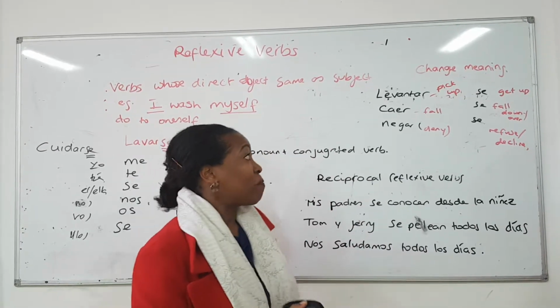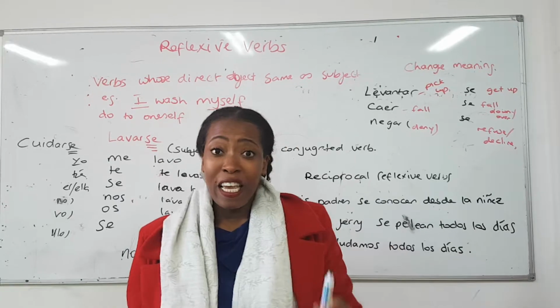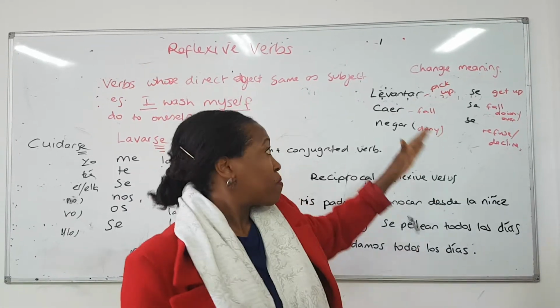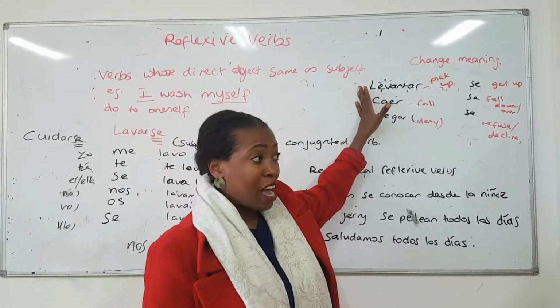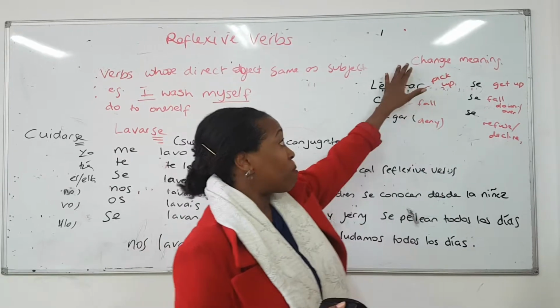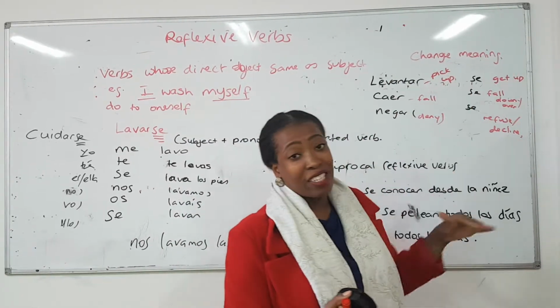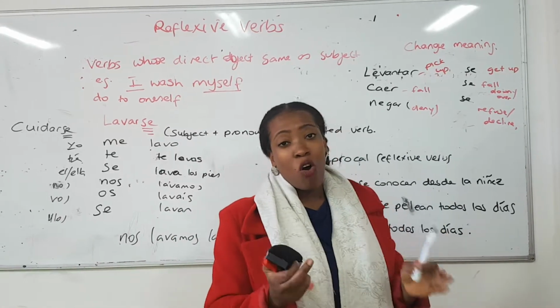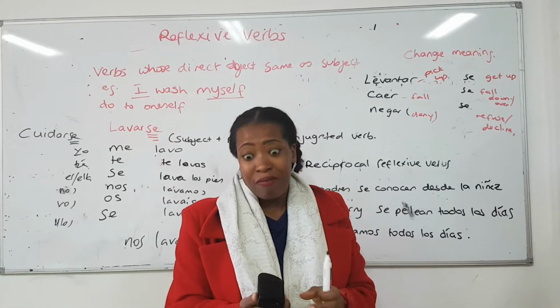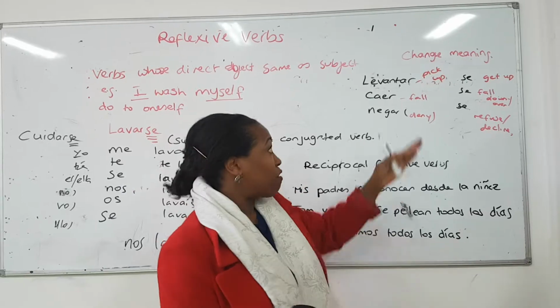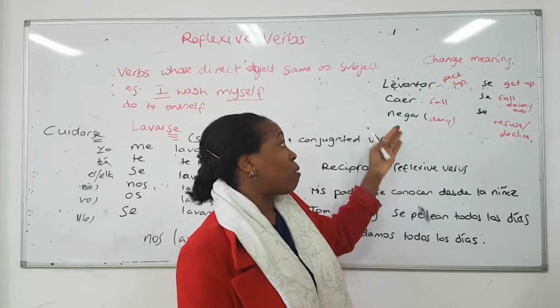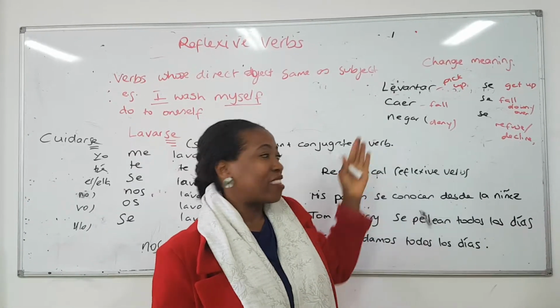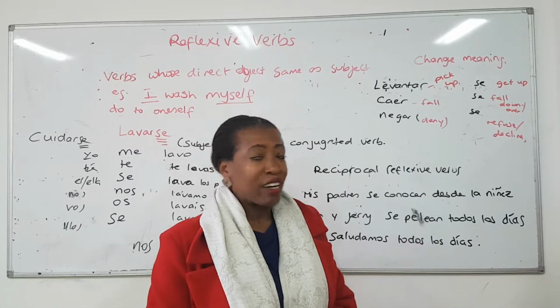In the reflexive, it's either me doing it to myself or you and me doing it to each other mutually. Lots of times you're going to see verbs without the se and with the se. You have to remember that the se changes the meaning a lot, so you have to learn what both meanings stand for when you see these common verbs. For example, levantar. ¿Qué significa levantar?